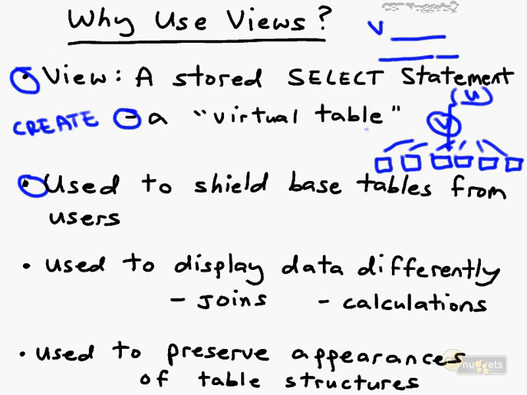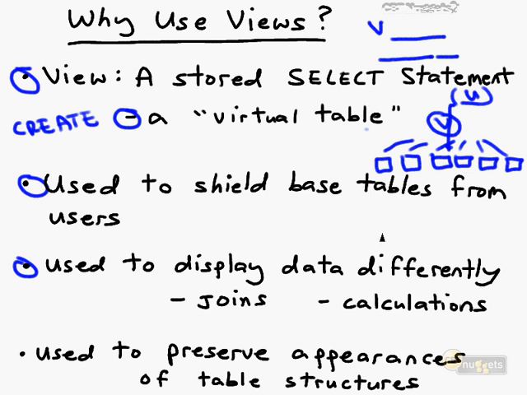All right, so we understand that views are used to shield base tables from users, and we can display data in any format we want. Now, our base tables, you know as well as I do that if we've designed these properly, they're in third normal form, they're split out really granularly, but chances are, with database developers like us being what we are, the columns in those tables are probably not all that intuitively named, and if we let our users select against the base tables, they'd probably get confused within 2 minutes, right?